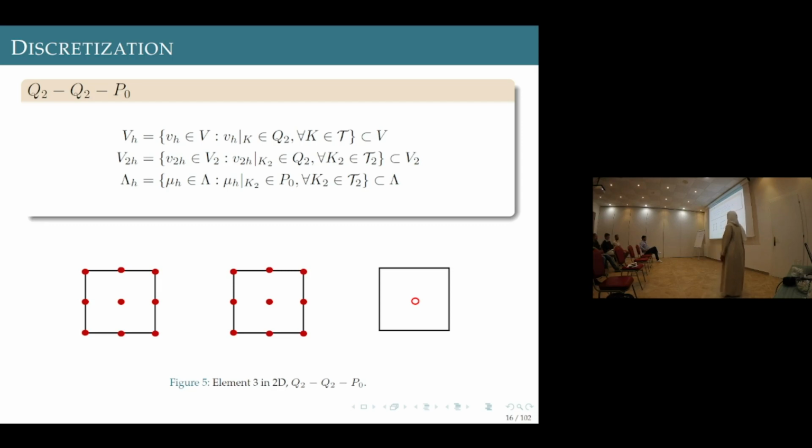There are 4 extra degrees of freedom located in the middle of each edge in 2 dimensions, and 1 extra degree of freedom located in the center of the element. Since this element is using more degrees of freedom, definitely this is computationally more expensive, but we are expecting that it behaves better.